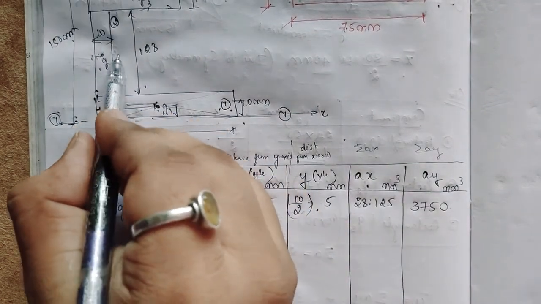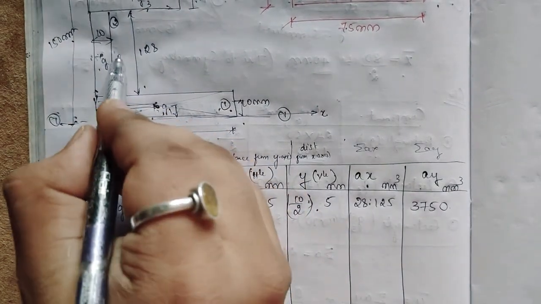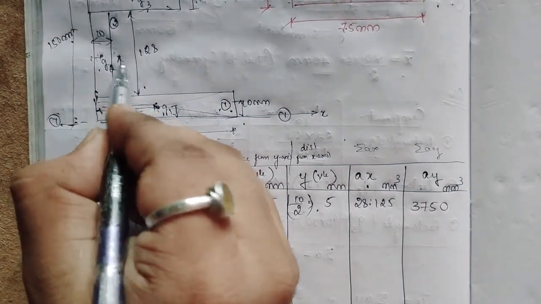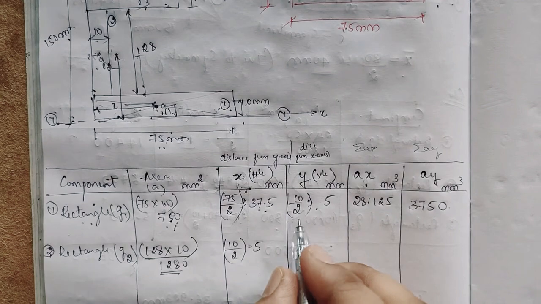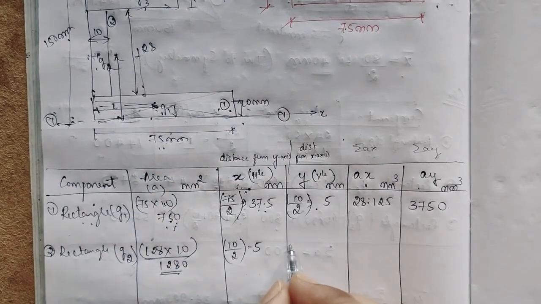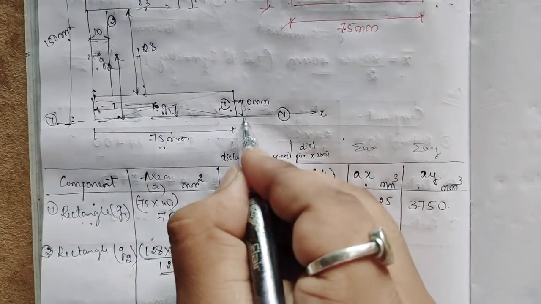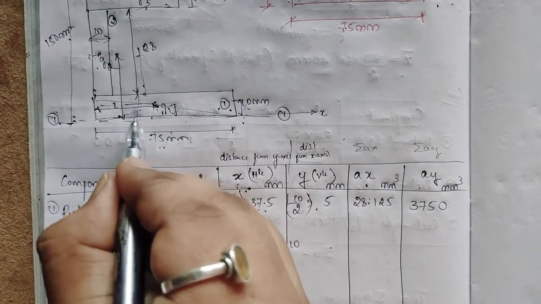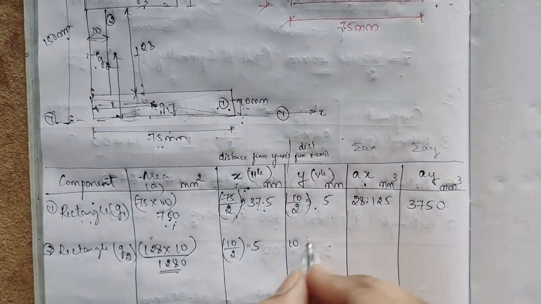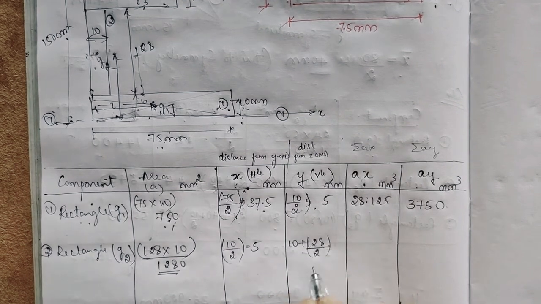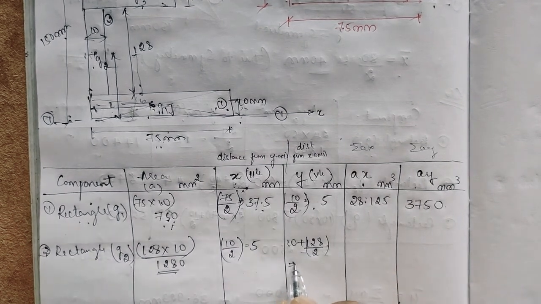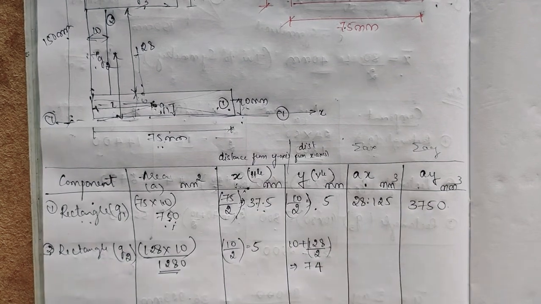Now the distance of y from the reference axis, the e distance. So the e distance is nothing but 128 by 2 plus 10. I will calculate from here. First, how much is there? This is 10. So 10 plus 128 by 2. Then I will get around 74.